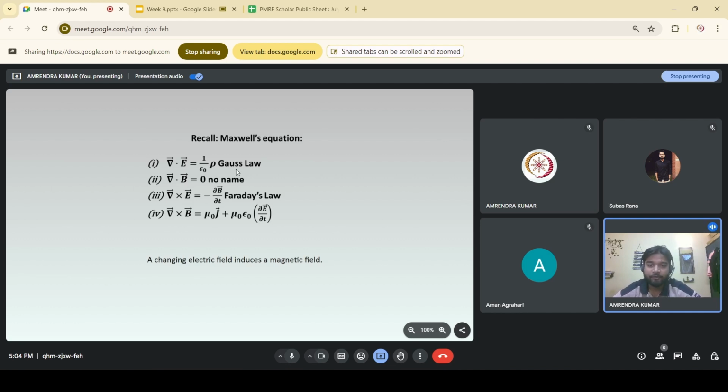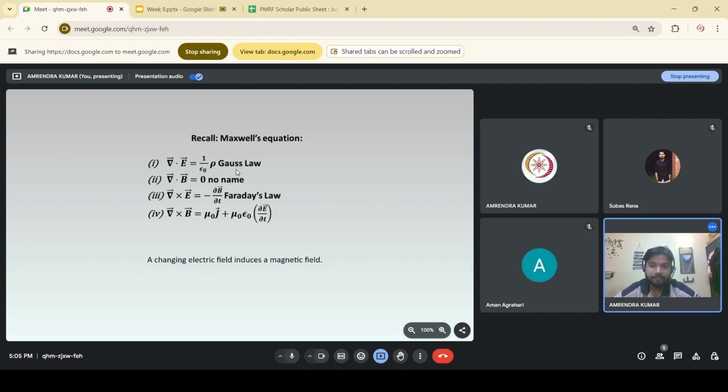Then del dot B is equal to 0. This has no name, but it essentially means the divergence of the magnetic field is 0, meaning there is no monopole. Whatever goes through some point also comes back, so the net flow of the field through any point is 0.